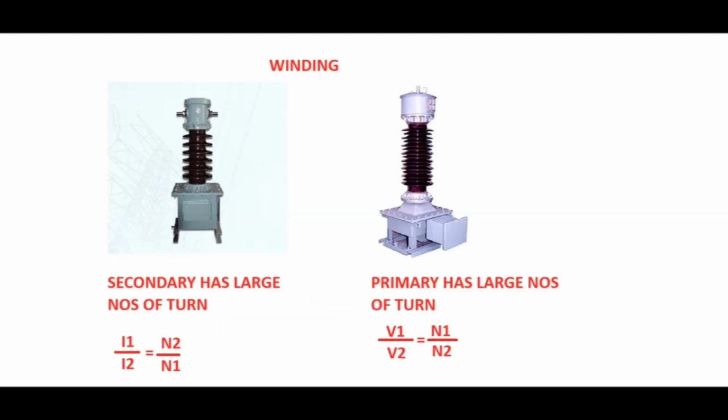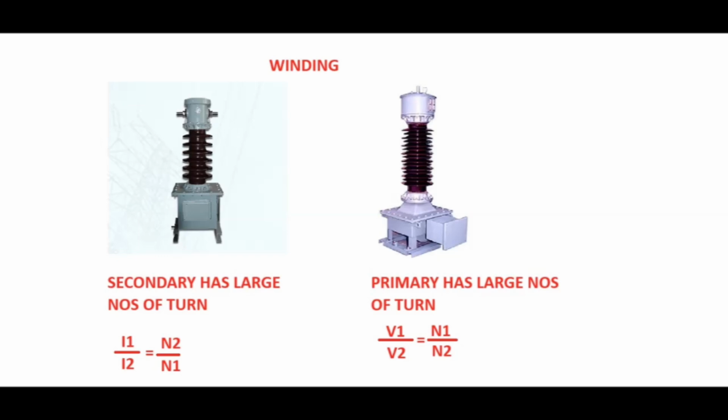Now, since the current is reduced to a reasonable measurable value, and for PT the voltage is reduced to a measurable quantity, both the CT and PT have windings. In the case of CT, the secondary has a large number of turns in the winding, since I1 by I2 is equal to N2 by N1, where I1 is the primary current, I2 is the secondary current, N2 is the number of turns in the secondary, and N1 is the number of turns in the primary.